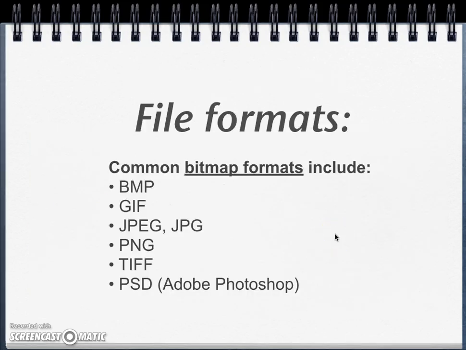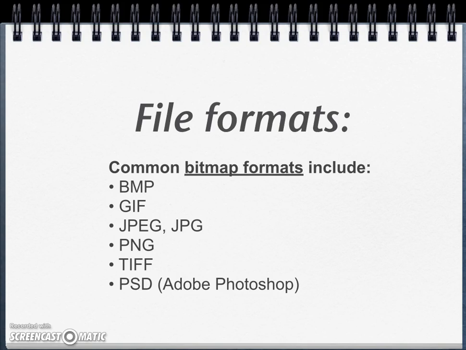Common file formats for bitmaps include BMPs, which is a Microsoft version, a GIF, a JPEG, which is probably the most common bitmap file format, a PNG, a TIFF, which photographers often use because there's a great deal of information that comes in with each one of the little squares.